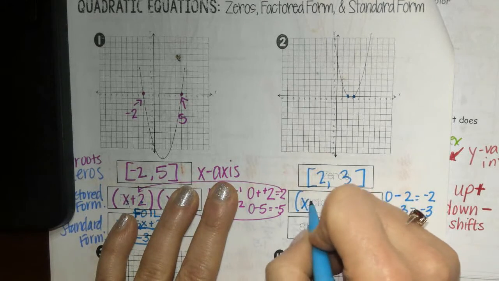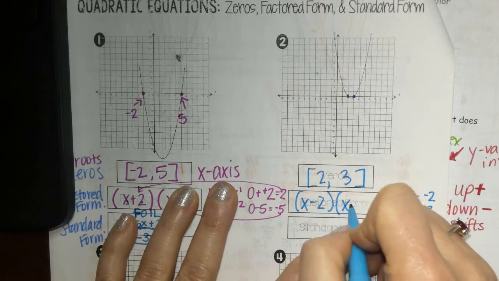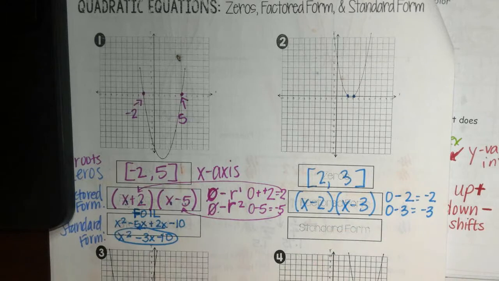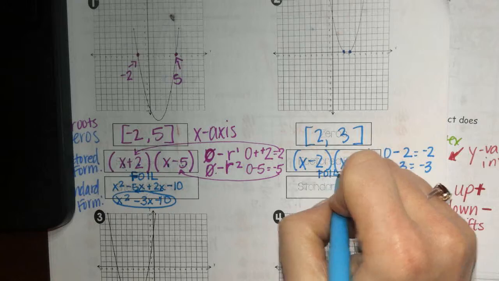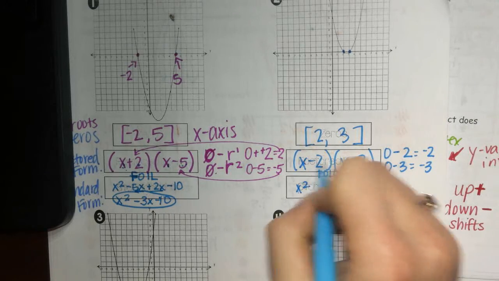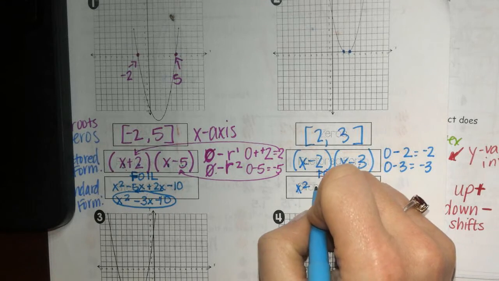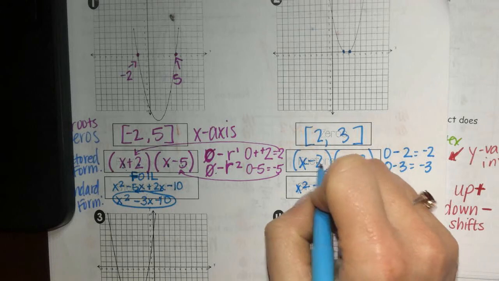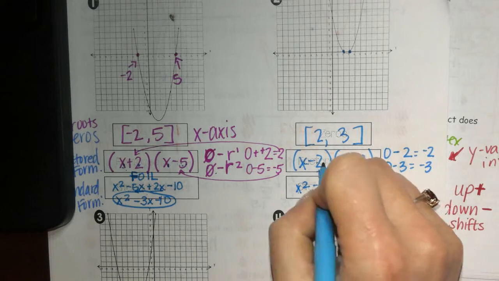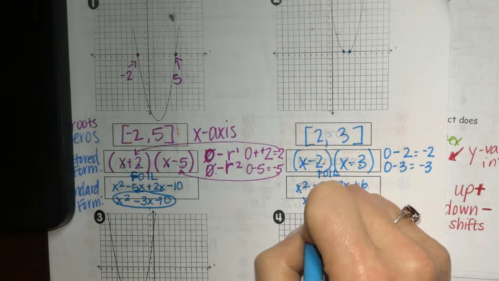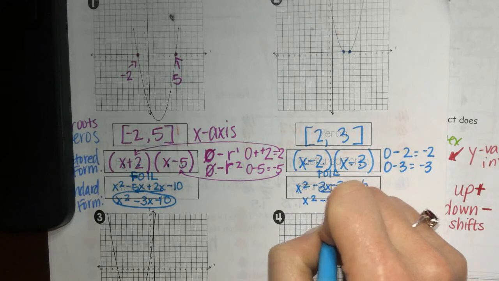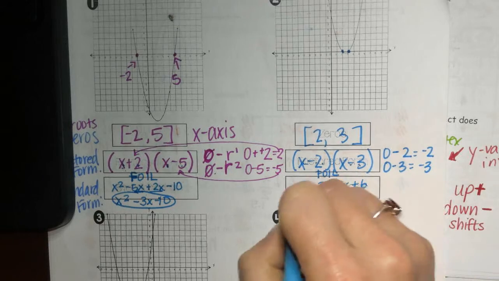So we end up with x minus 2 and x minus 3. From there, we FOIL: x squared, -3x, -2x, plus 6. Combine your like terms, and you get x squared minus 5x plus 6.